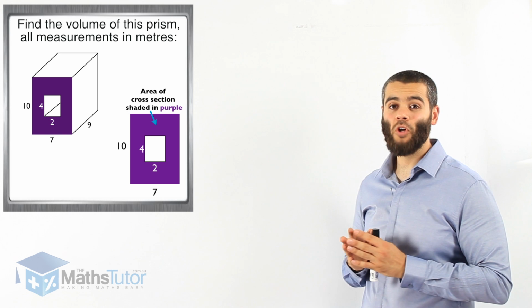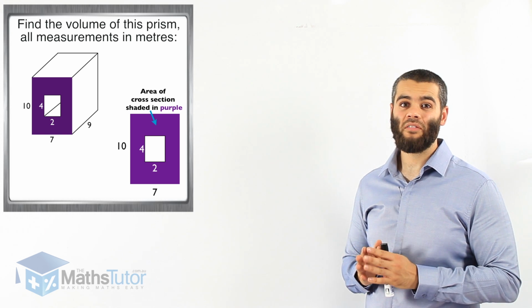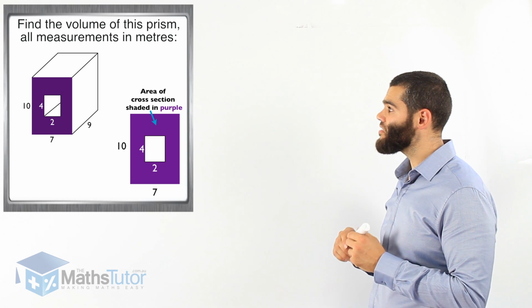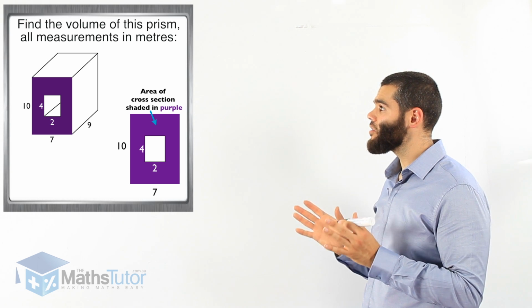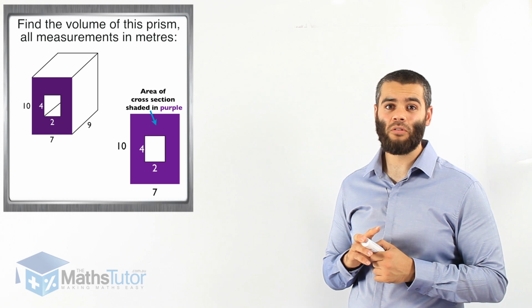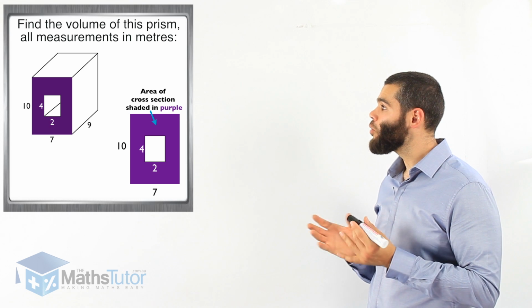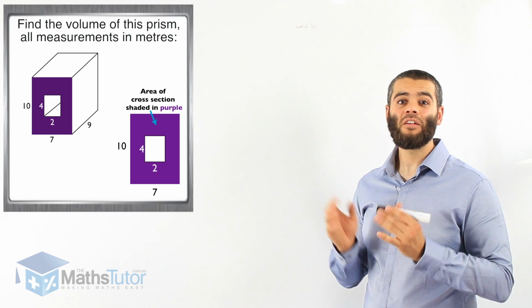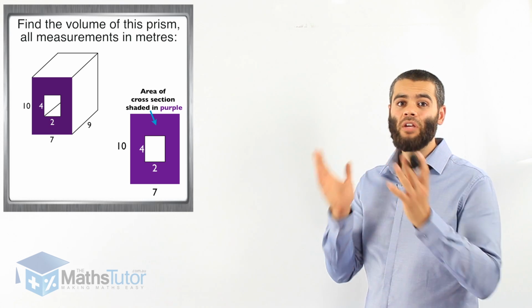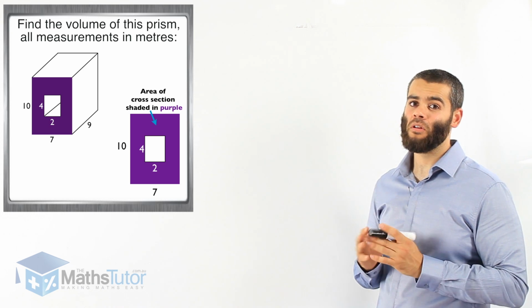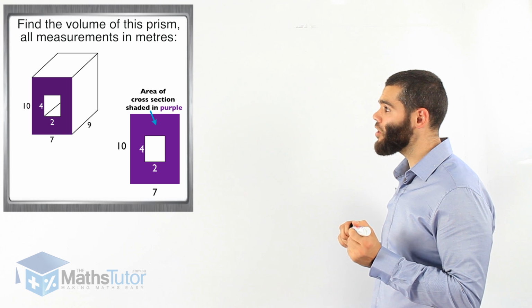Here it's marked in purple. So let's work out the area of the cross section. The area of the cross section, we're going to say that the total area of the actual rectangle, take away that hole. That hole, what shape is it? Again, it's a little rectangle. So the big rectangle, and we're cutting a hole in it, so we're taking away the hole. Now, the big rectangle, what do you notice?